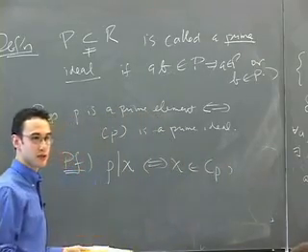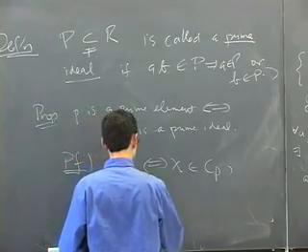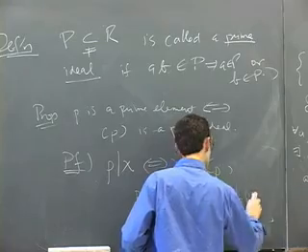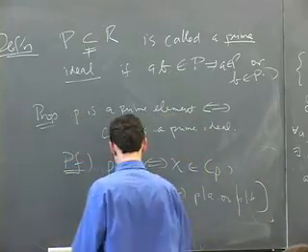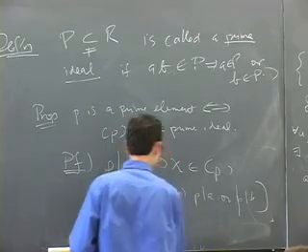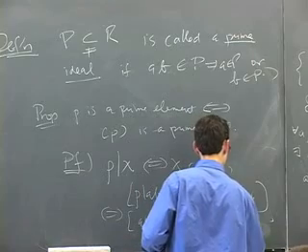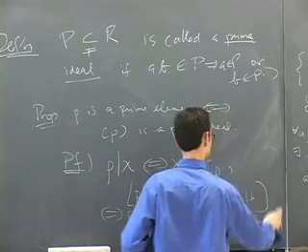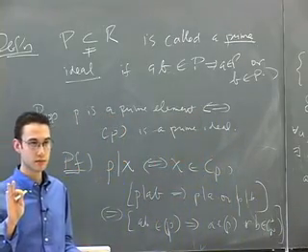So the definitions become clearly equivalent. In other words, p divides ab implies p divides a or p divides b translates into ab is in the ideal generated by p implies a is in the ideal generated by p, or b is in the ideal generated by p. Is that clear? Any questions about this?